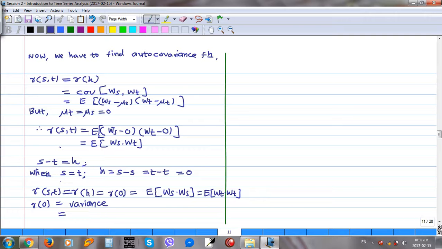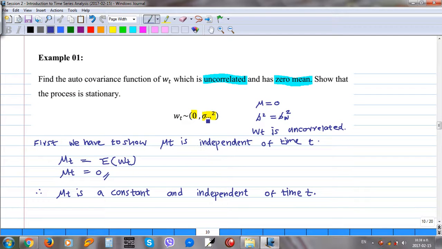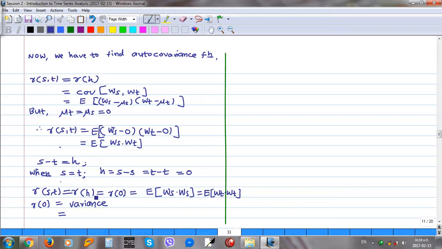What is the variance in this question? It is given, that is sigma w square. So you can write the answer here, sigma w square. Then now we found the case which is s equals t.